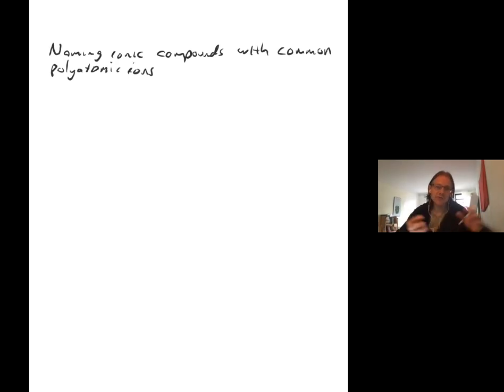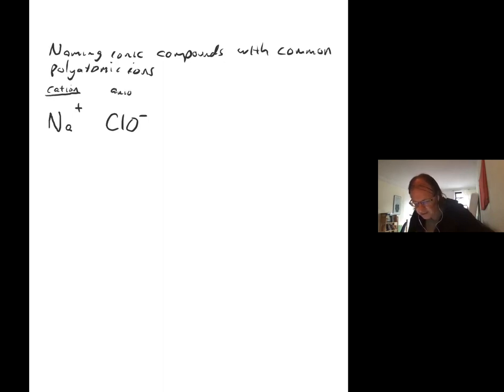So in the previous one, we were writing the formulas. Now we're going to add one more thing. So for this one, what they're going to do is they're going to give you each ion that you're combining. So here's your cation. Here's your anion. And then they want the empirical formula. And then they want you to name it.